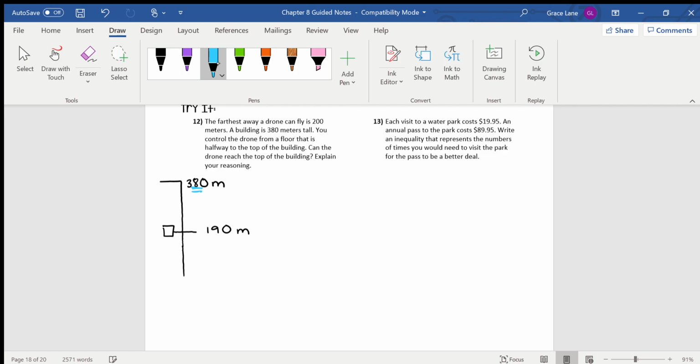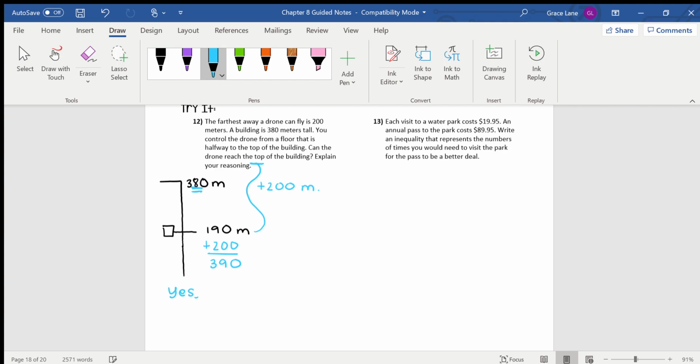So if you're halfway up the building at 190, the drone goes up 200 meters. Will you be past the top of the building? If you add 200 to 190, you get 390. So the drone can be up here, which is 390 meters, and that is above the top of the building.